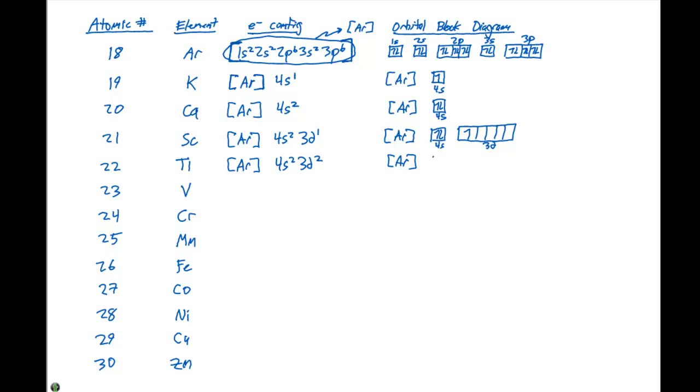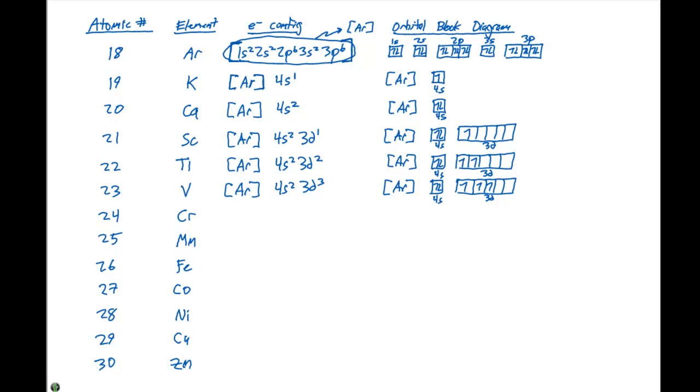So when we draw our block diagram, we put 2 electrons in the 4s and 2 electrons in the 3d. Vanadium, add one more electron, it's going to be 4s2 3d3. That's going to give us a block diagram with the 2 electrons in the 4s and 3 in the 3d.